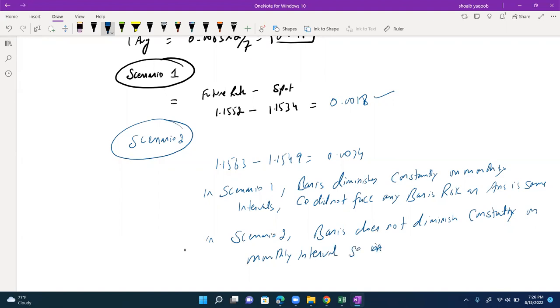So on 1st August, the basis was 0.0014 instead of 0.0018. That's why there was an imperfect hedge. Okay, guys, you got the point, right? That was the main point here.